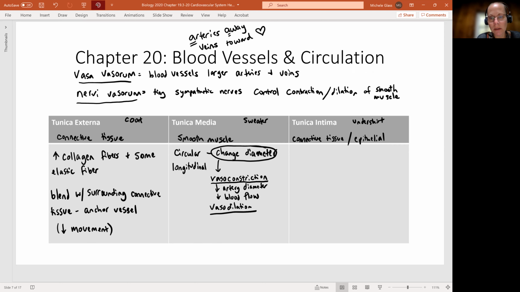So that's going to increase the artery diameter and increase the blood flow. And then we have what's called venoconstriction. This is specifically talking about changing the diameter of our veins, and so here this is reducing the vein diameter. So just know when we talk about vasoconstriction and vasodilation, we're really talking about the artery.